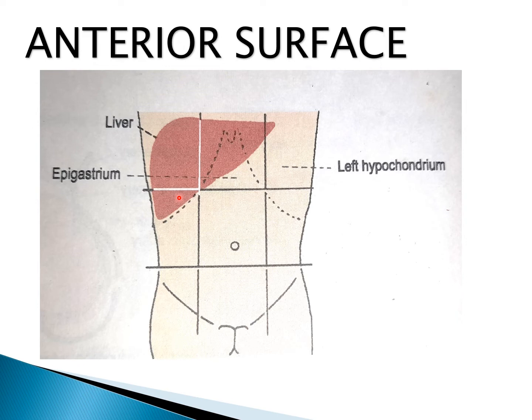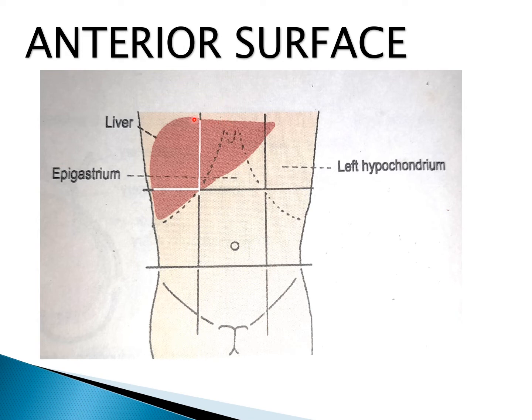Number two is the xiphoid process. Since the liver is present under the hypochondrium, the xiphoid process will come in relation with the anterior surface of the liver.